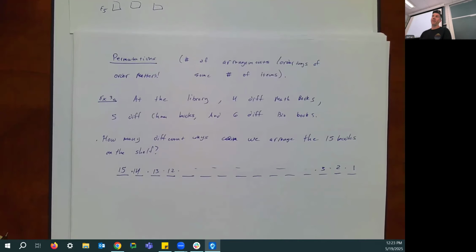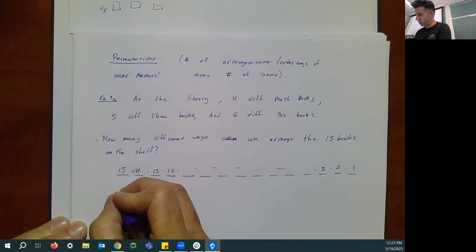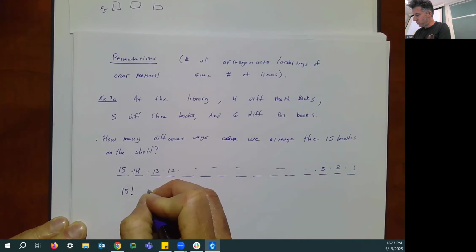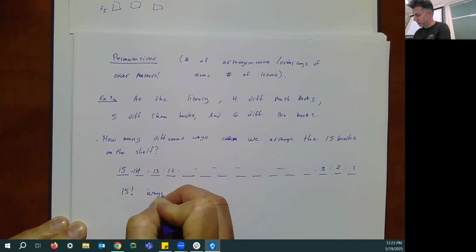We don't want to write all that. It becomes a pain. So there's a notation for when you have a number multiplied by every integer all the way down to 1, and that notation is the factorial notation. So we have 15 factorial ways of arranging these books.